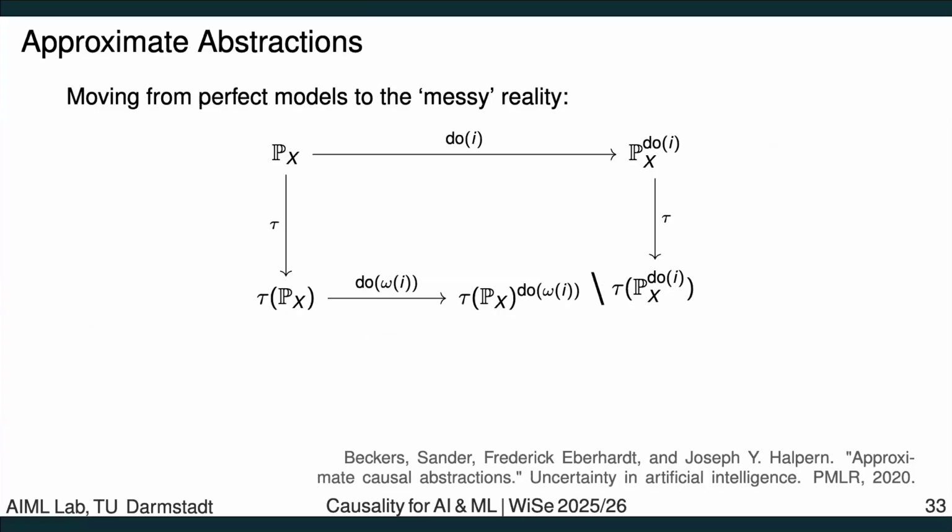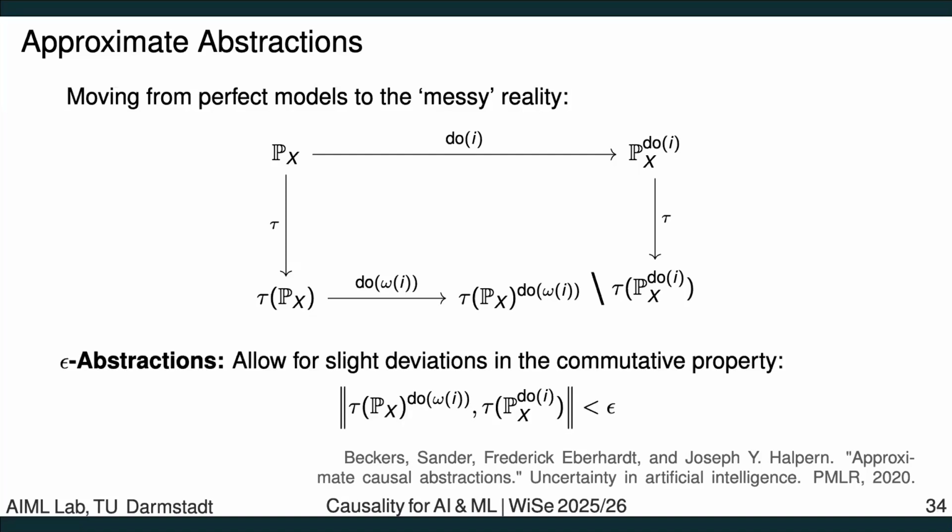Yeah, so far we have looked at perfect causal models, but in reality, usually our abstractions are maybe a bit noisy or lose some information, and due to that, the two paths might not align perfectly.